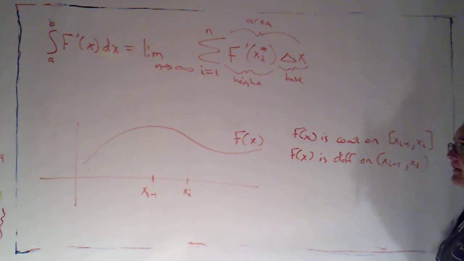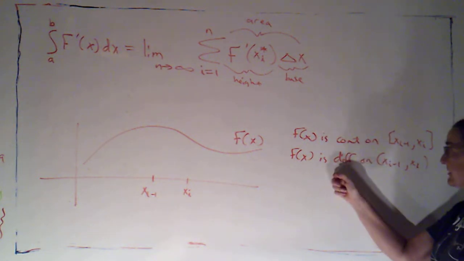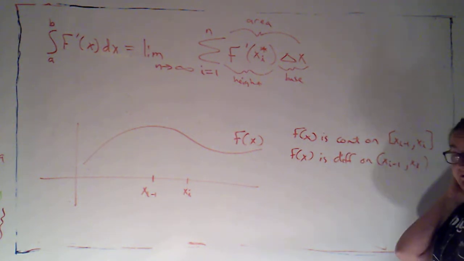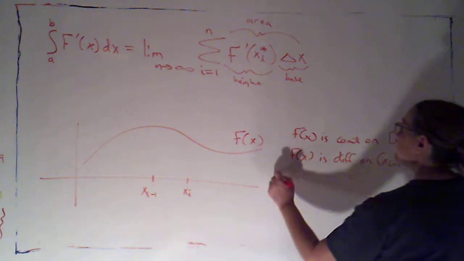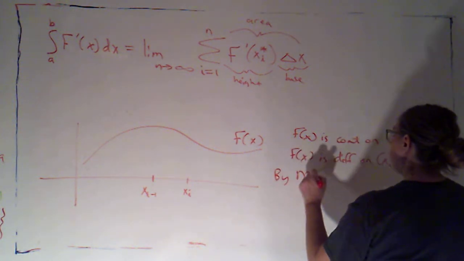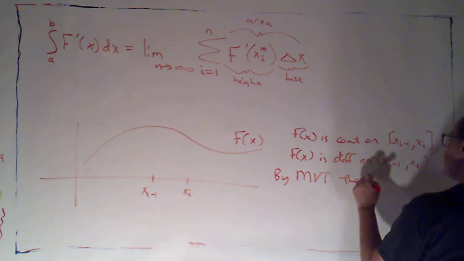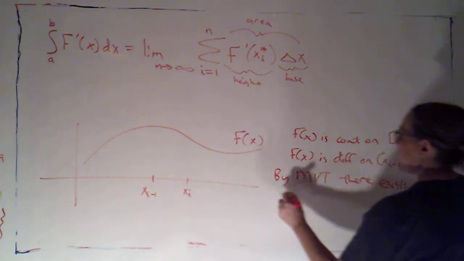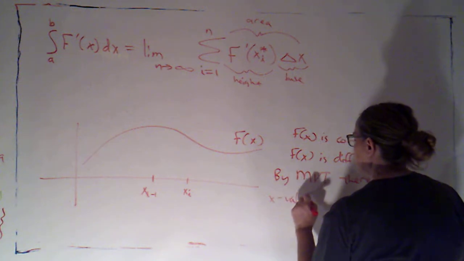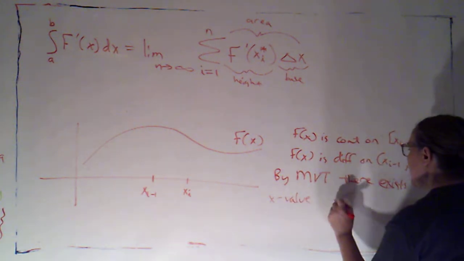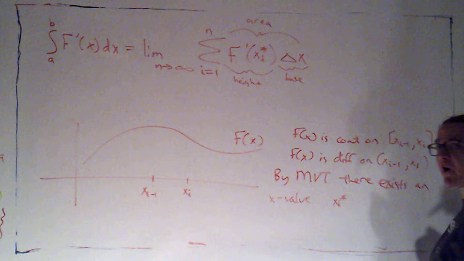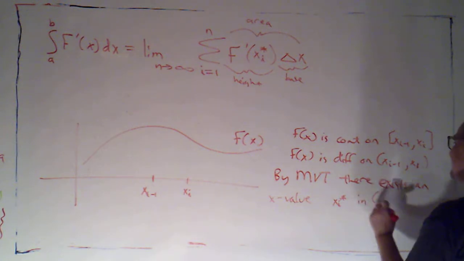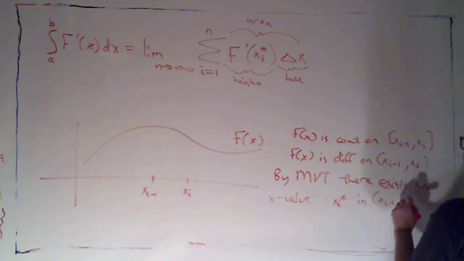And what the mean value theorem said was if you have a function that's continuous on a closed interval, differentiable on an open interval, then by the mean value theorem, there exists an x value. Now usually we've called it c. I'm going to call it xi star instead, in this interval between x sub i minus 1 and x sub i.